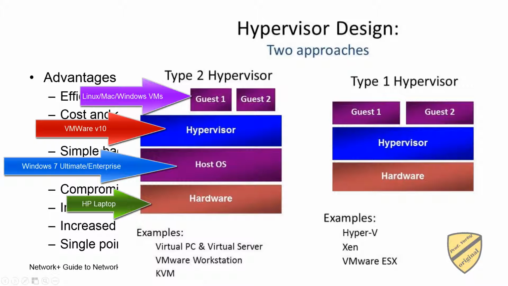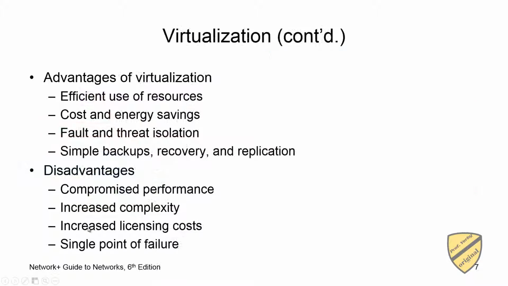Then I'm running VMware. Then I'm running each of the guest VMs. So that can increase the complexity. And the next point, increased licensing cost. So I'm going to be running more machines, but actually that can be an increase or a decrease.